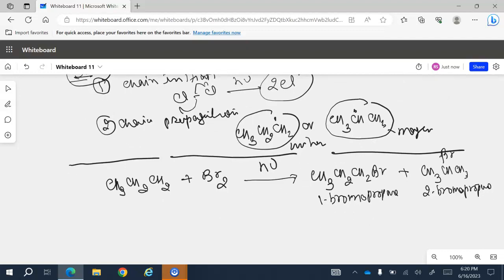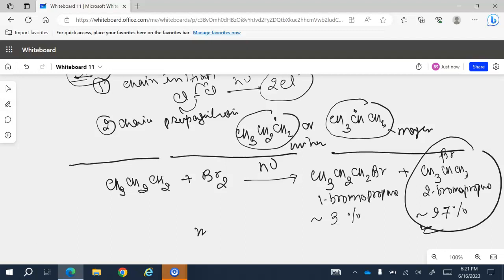If we do this experiment, around 97% is 2-bromopropane, around 3% is 1-bromopropane. That means 2-bromopropane is the major product. Also we can clearly understand that in chlorination the percentage was 60 to 40, so the selectivity is less in chlorination, whereas in bromination it is 97:3.